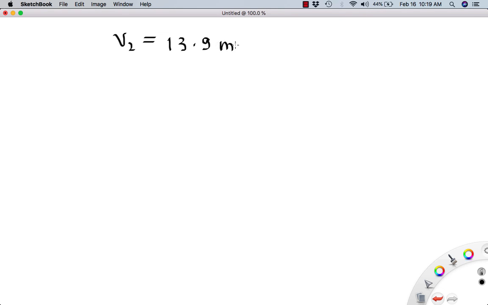Okay. Now we want to find temperature. For temperature, we can use the ideal gas equation, which is PV is equal to nRT.